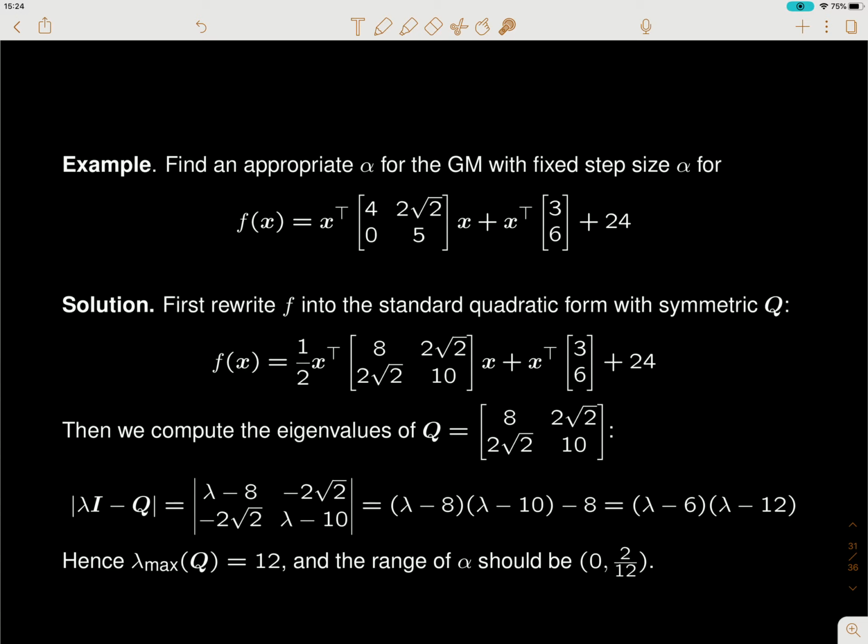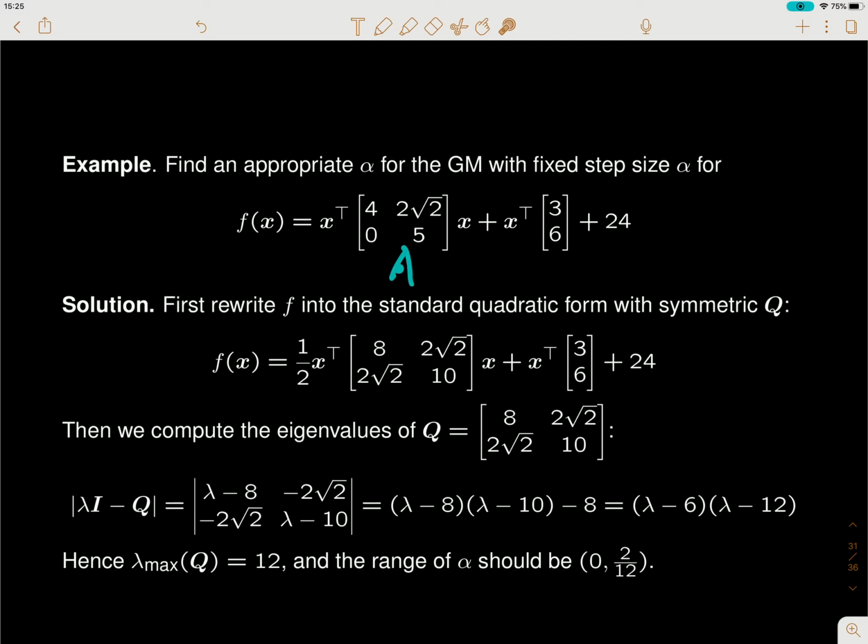So now let's take a look at an example. Suppose we're given a quadratic function f that we want to minimize, and we apply the gradient method with a fixed step size alpha. Our question is, how do we find this alpha? What is the range of this alpha? This quadratic function f is given in this way.